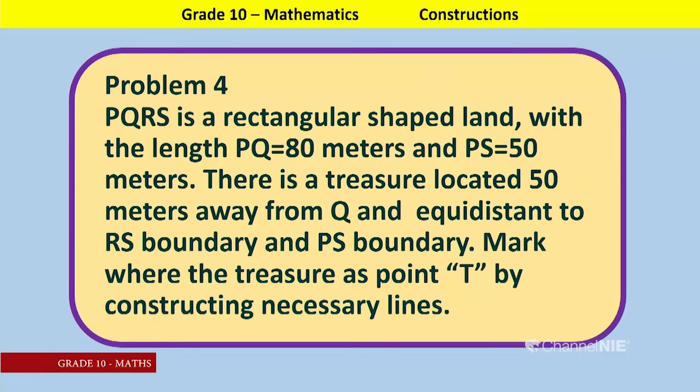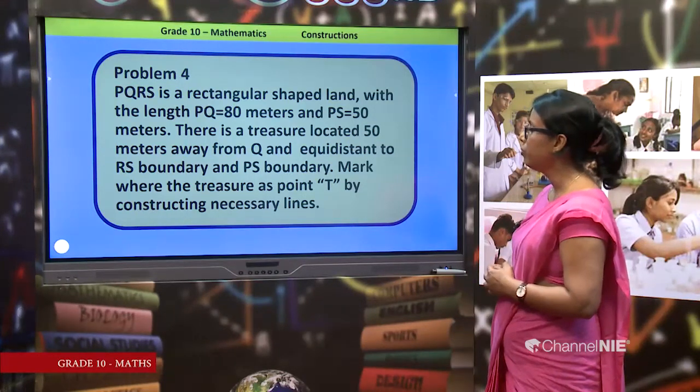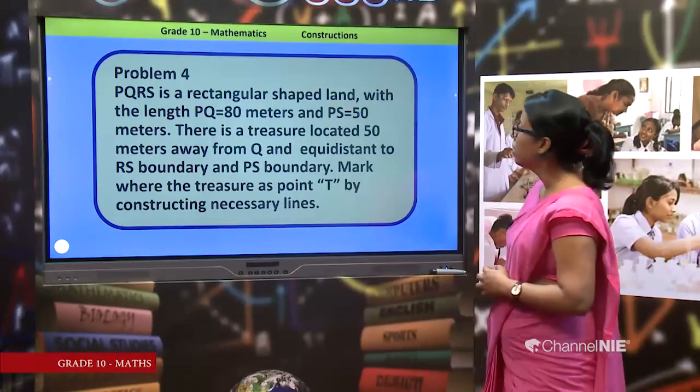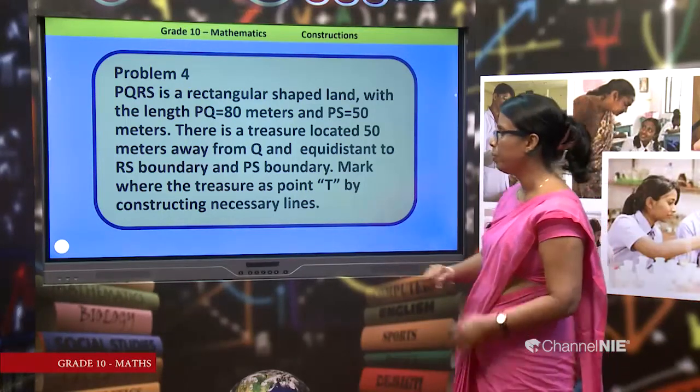Read this question carefully. There is a rectangle. PQRS is a rectangular shaped land with the length PQ 80 meters, PS the breadth 50 meters. There is a treasure located 50 meters away from Q, a constant distance from a point, so that is one condition. Next it says equidistant to the RS boundary and PS boundary.